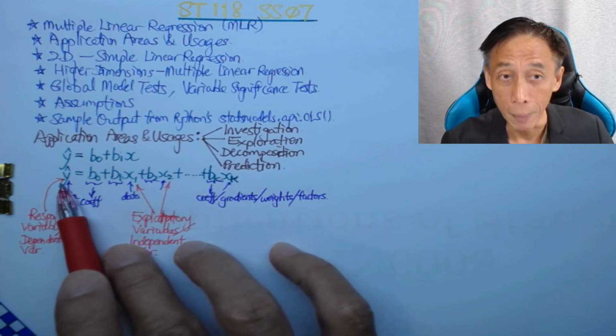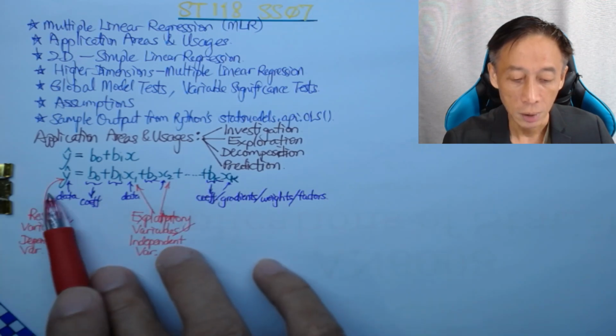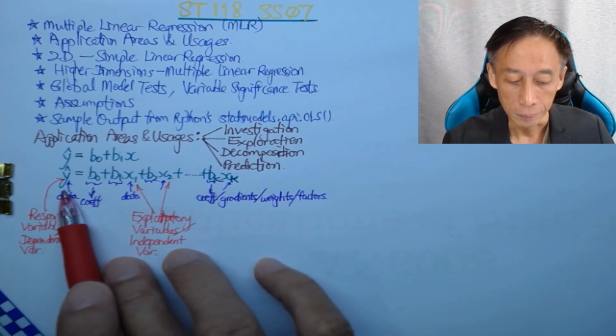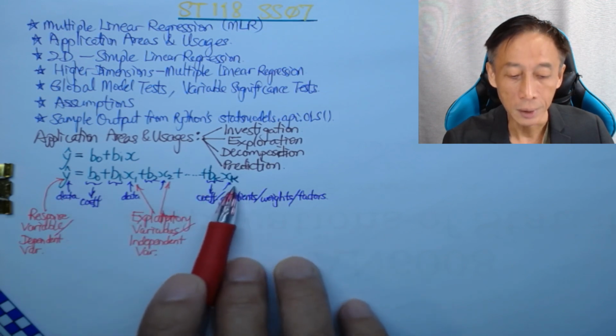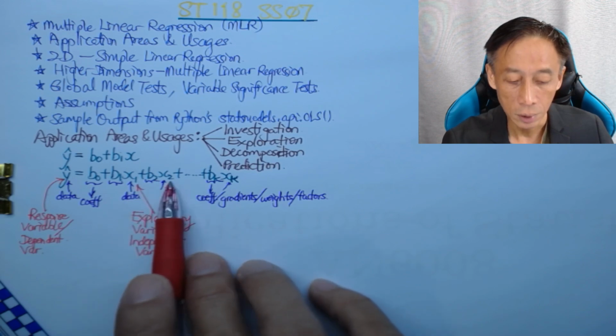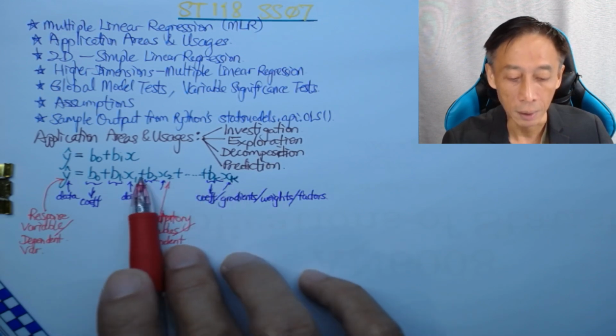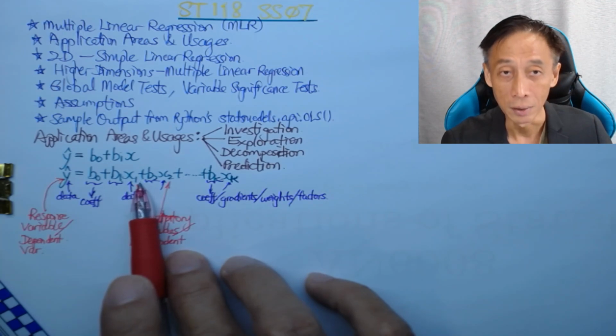I don't mean one number. In the simple case, it's one number. In the high dimensional case, it will be many numbers, k numbers, as many as here, right? And the right side here, these x1, x2s, they will be numbers, but then we'll represent them as one x, as a simple x in vector form.